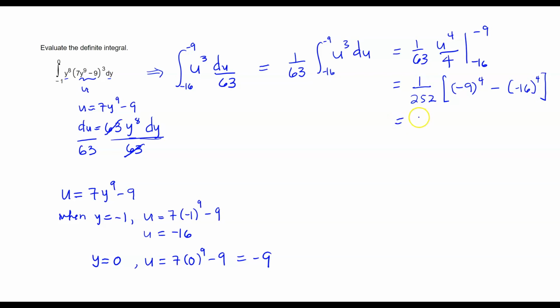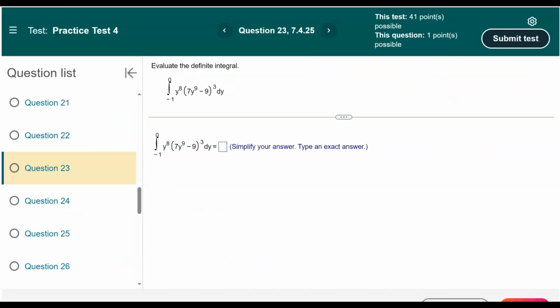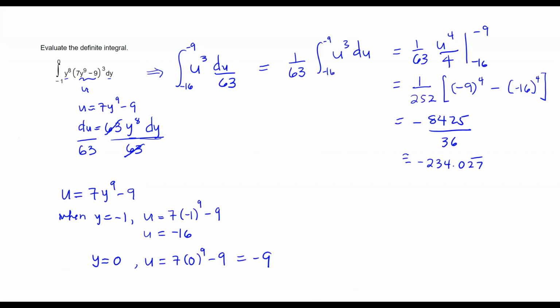So the exact answer here is negative 8425 over 36, or in decimal, it's negative 234.027. Now let's see, you are asked to type an exact answer. So if you're asked to type an exact answer, this is the answer you need to type in.